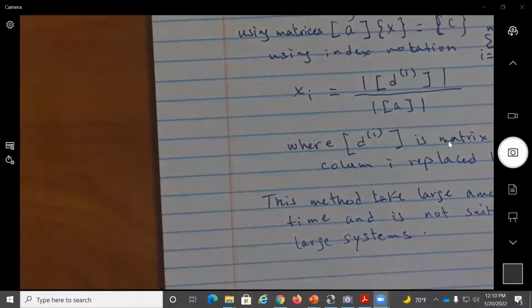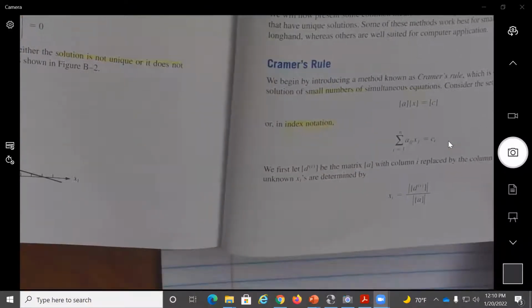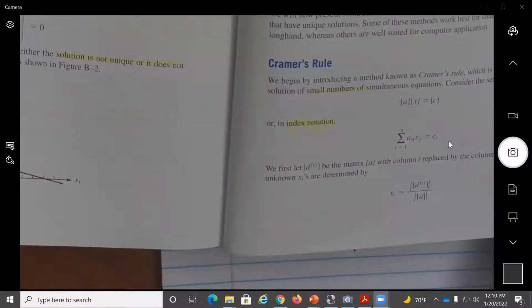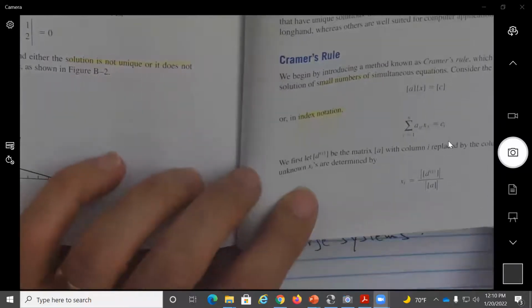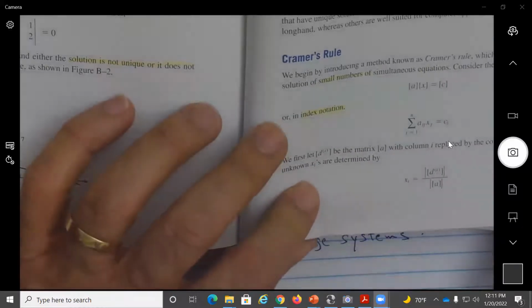Actually, the more I think about it, this is how it's written in the textbook. Yeah, I think it should be from j equal 1 to n, right?